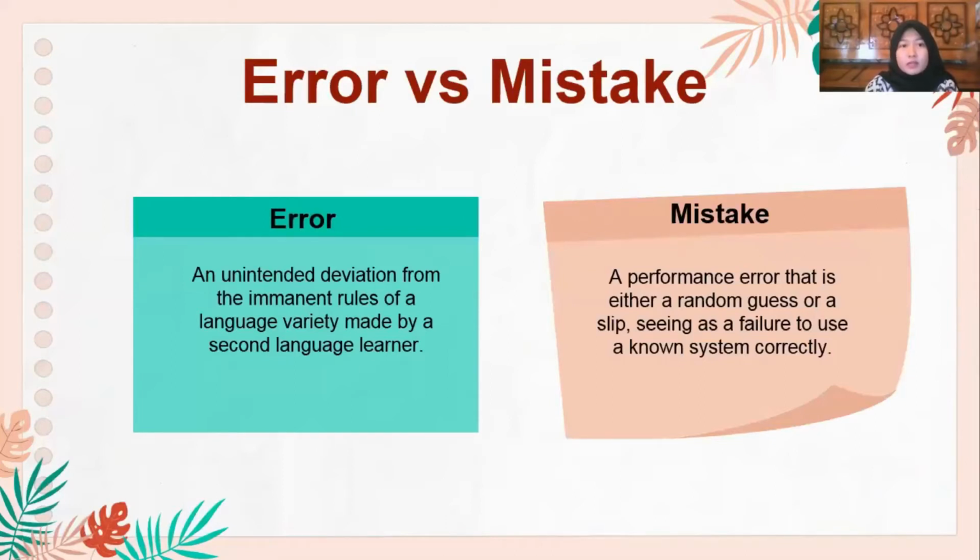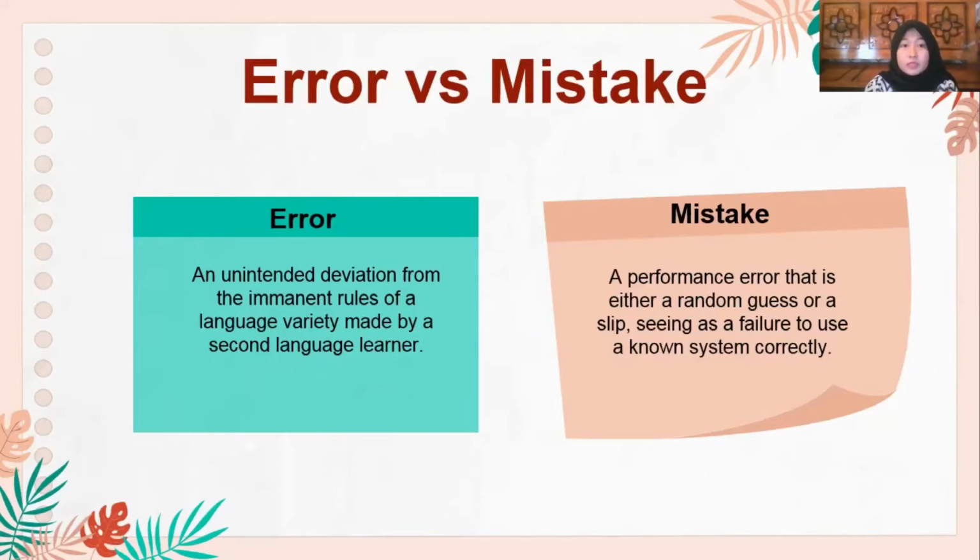Error is an unintended deviation from the immanent rules of a language variety made by a second language learner. Mistake is a performance error that is either a random guess or a slip, seen as a failure to use a known system correctly.